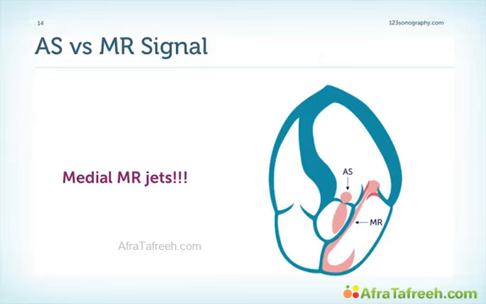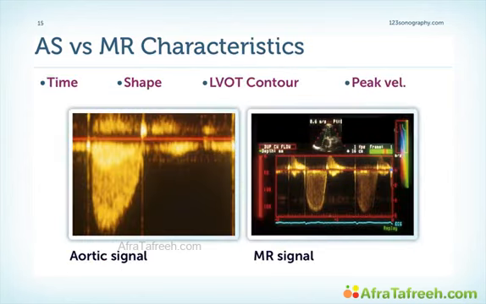However, there are some typical differences. So, aortic stenosis versus mitral regurgitation characteristics. Timing is different, for example. Mitral regurgitation is longer in duration, starting with the mitral valve closure and ending with the mitral valve opening.